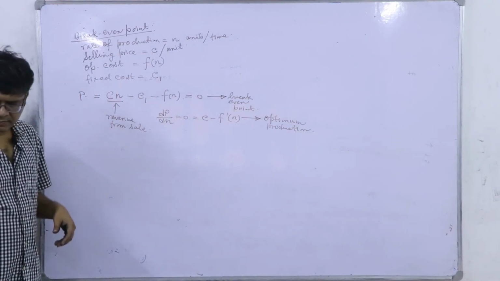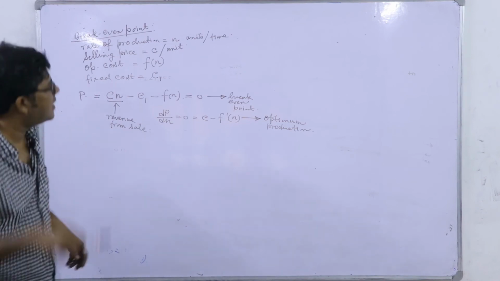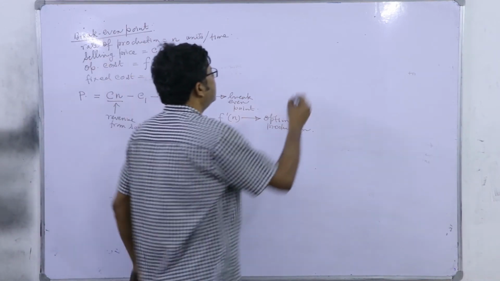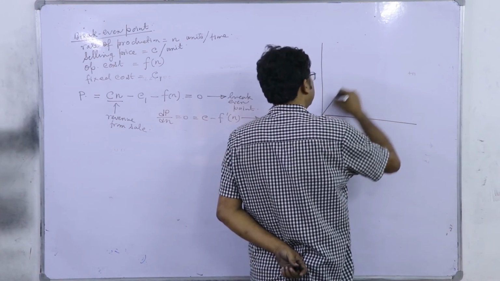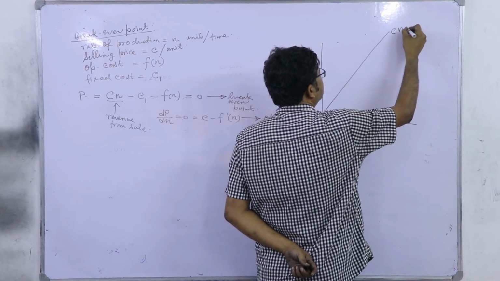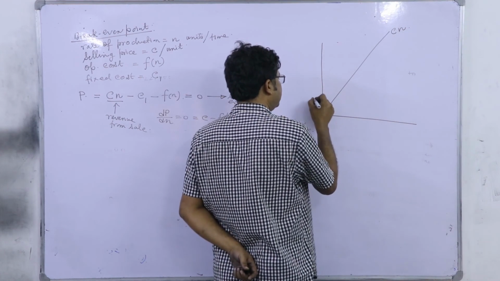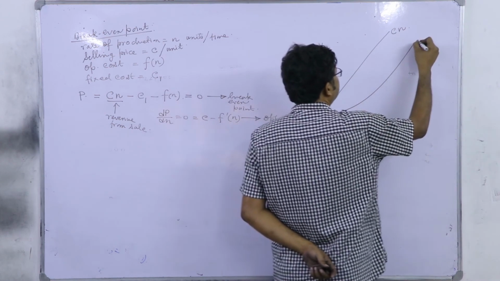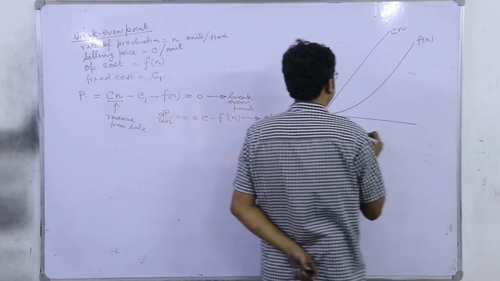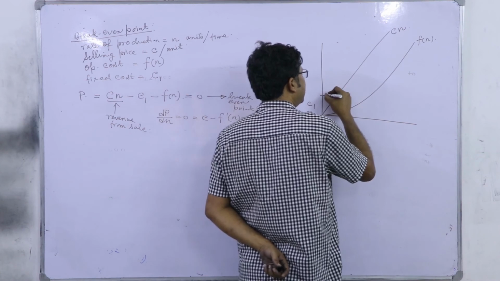So, that is all about the break-even, and we can have a graph. See, this is the curve of C into N. This is C1 and this is the function of N, right. So, C1 plus function of N is this.